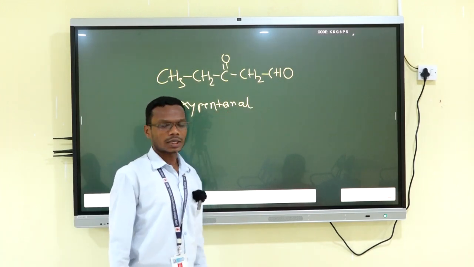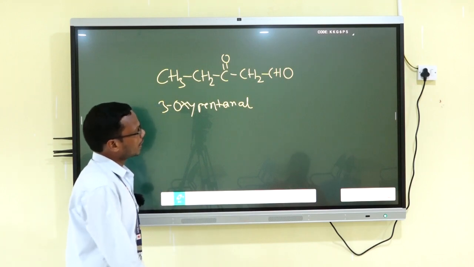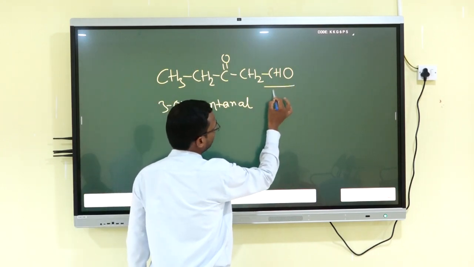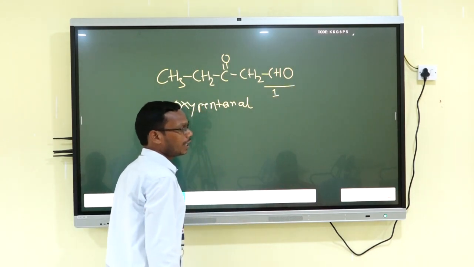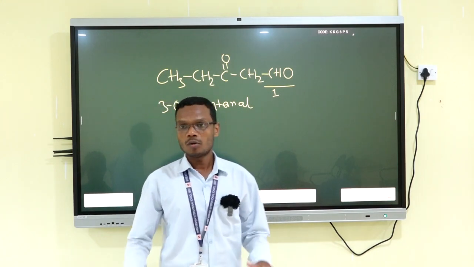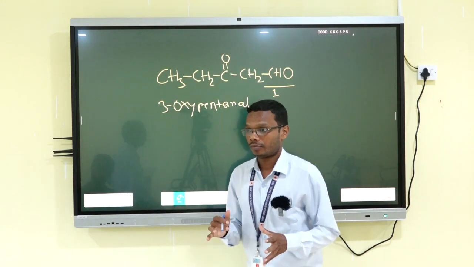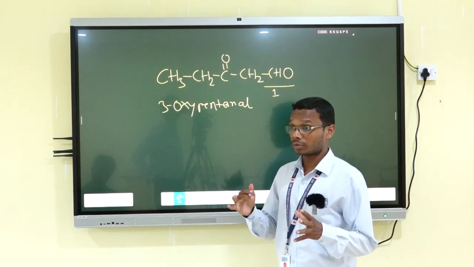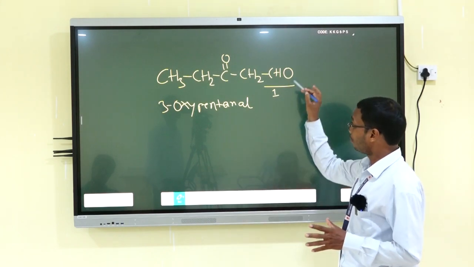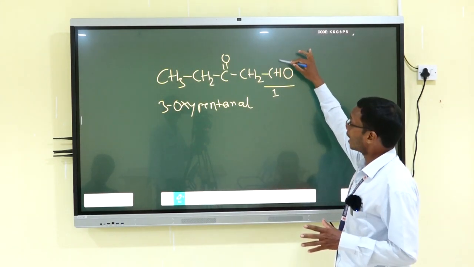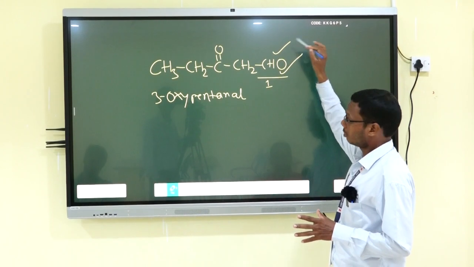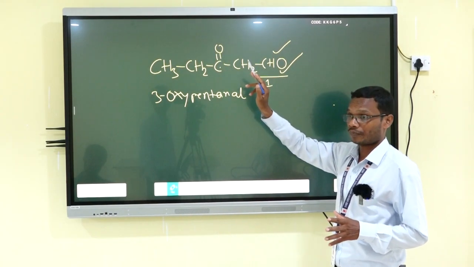Okay. So what is the conclusion? The conclusion is that aldehyde is always placed in the first position, and aldehyde has more priority. The priority of naming in the case of aldehyde is higher than ketone.